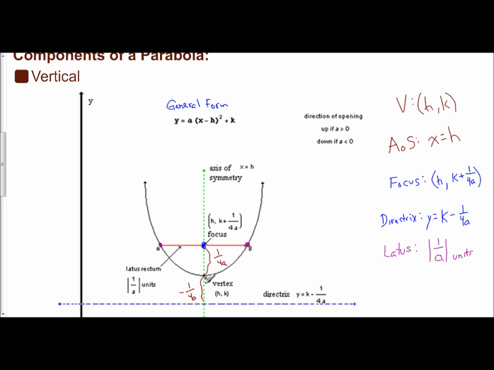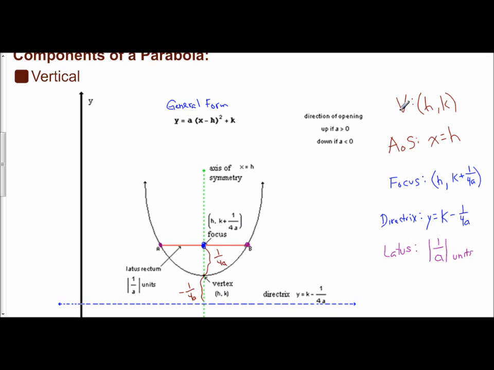So the whole thing is that many units. Half of it occurs to the left of the focus, and the other half occurs to the right of the focus. So the key that you need to know here is when you find the latus, you go half that distance to the left, and you go half that distance to the right to find 2 points on the parabola to graph.